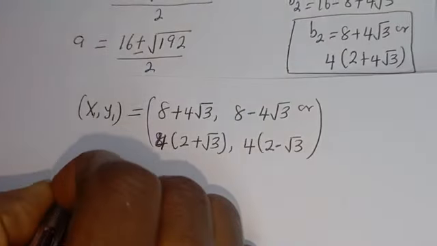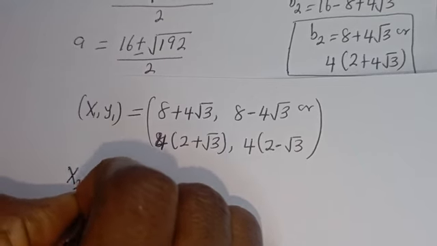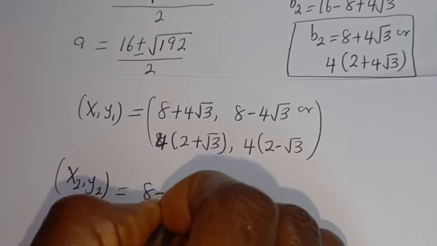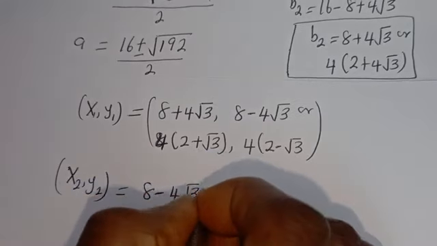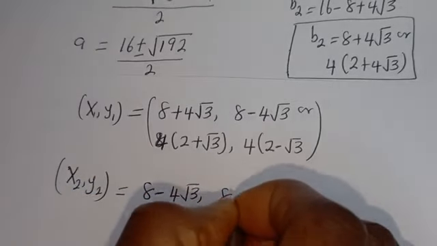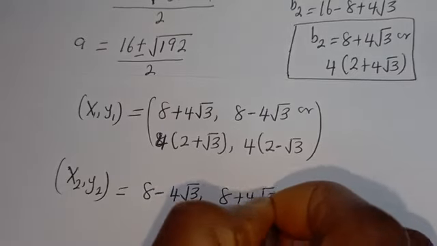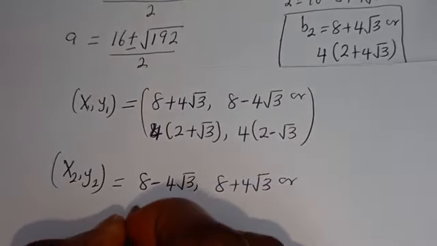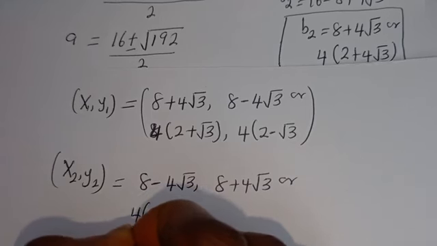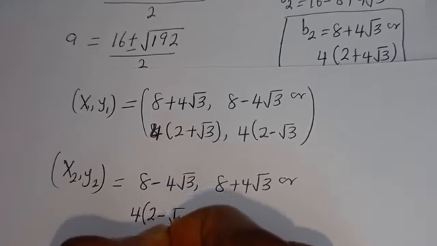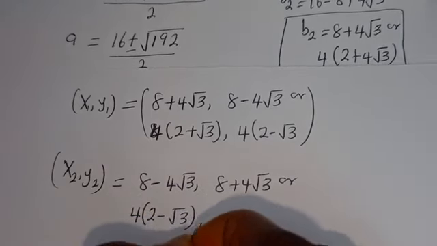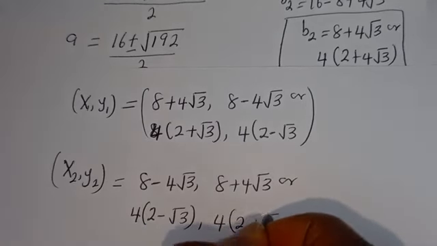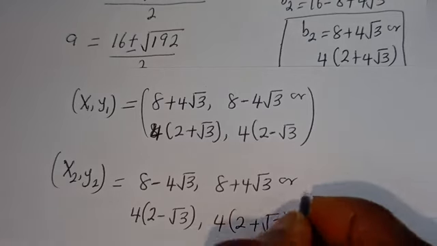Also, A2, B2 is equal to 8 minus 4 root 3, 8 plus 4 root 3, or 4 bracket 2 minus root 3, 4 bracket 2 plus root 3.